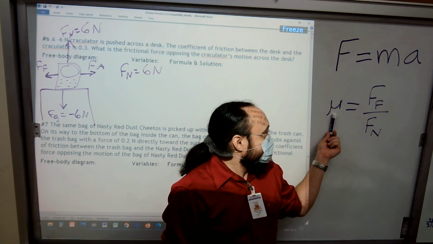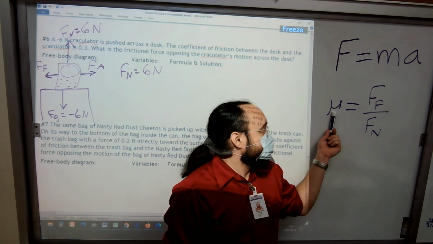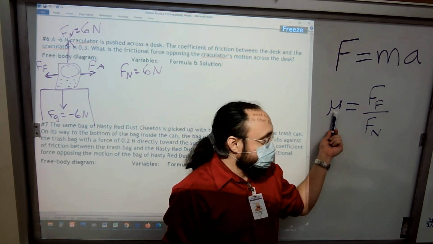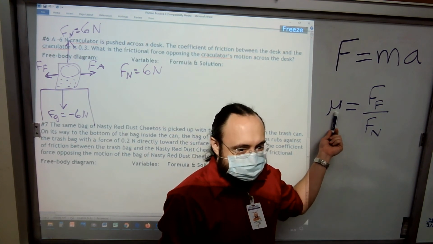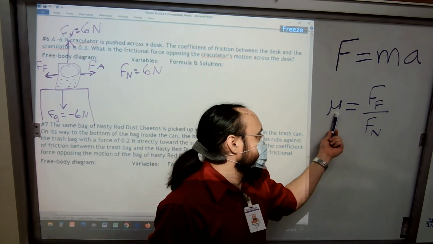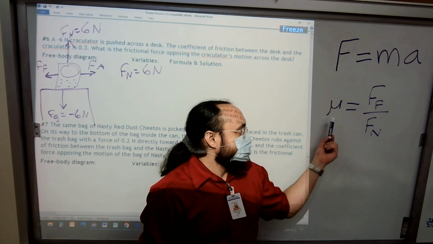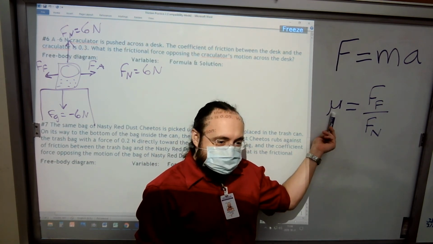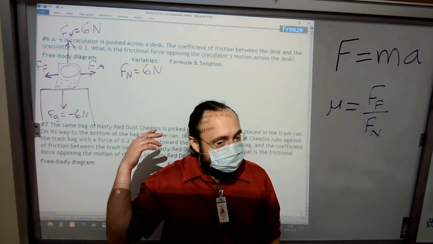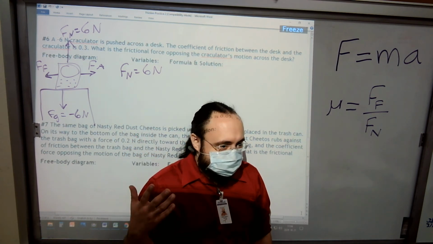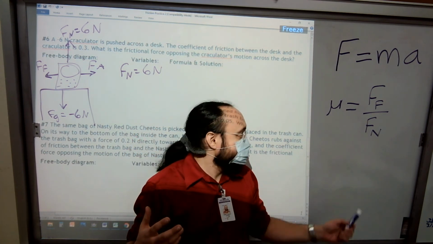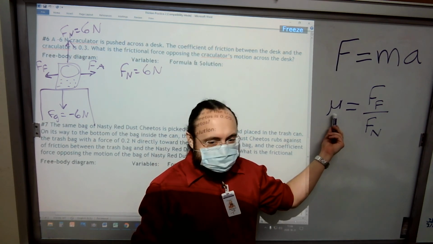It's a Greek letter. This is a lowercase mu, and there's a couple of things it means in physics, but the only thing we'll use it for is coefficient of friction. So get used to when you see this, that means coefficient of friction. Or when it asks for coefficient of friction, you'd be like, dang, what formula do I use? Oh right, this means coefficient of friction.